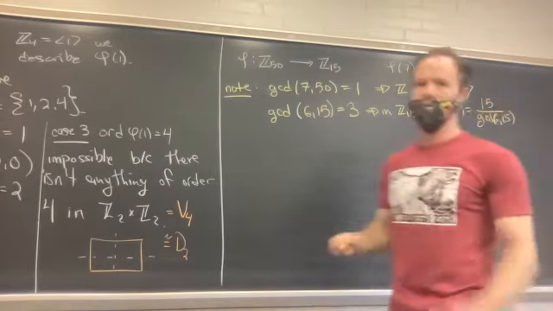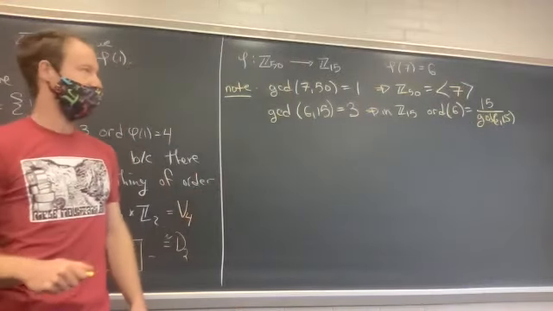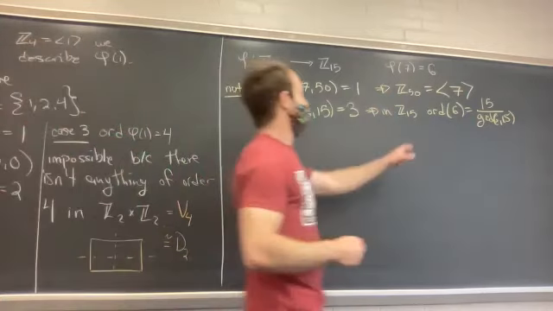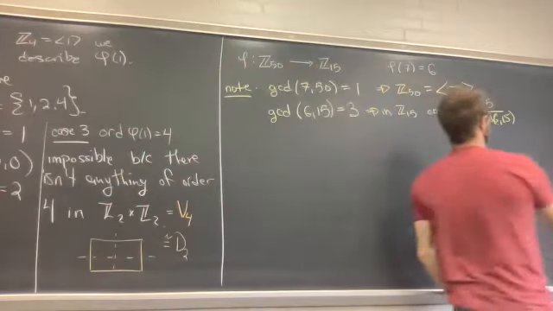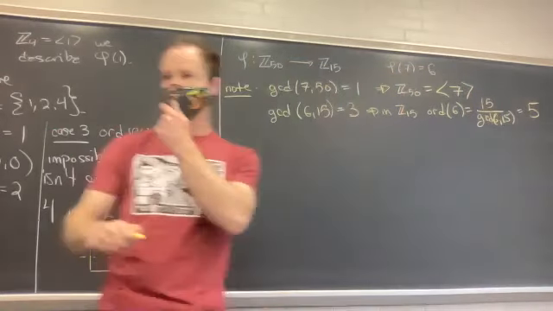We used that last time as well to find the order of an element inside of Zn. So that's 15 divided by 3, which is 5, right?